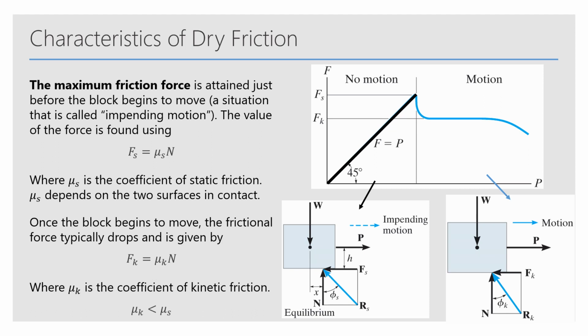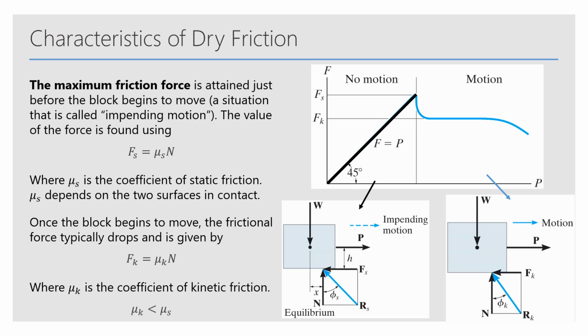The maximum friction force is attained just before the block begins to move. So here we see that for a box, or any object, there's normally a static or kinetic friction that prevents an object from moving in a direction. In the graph, we see that initially a box would have no push or pull on it, and then there's no frictional force acting against it.